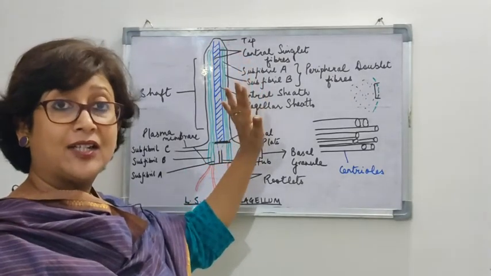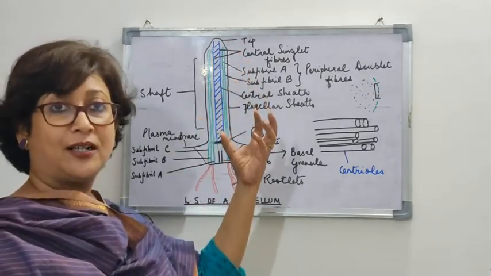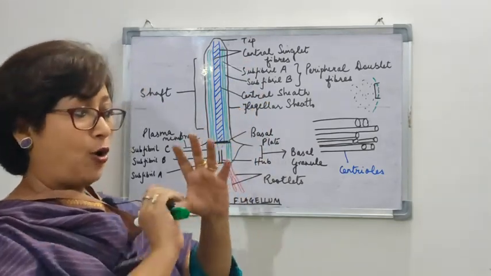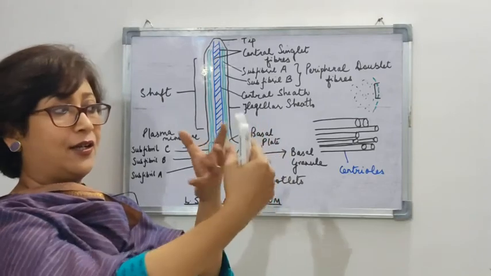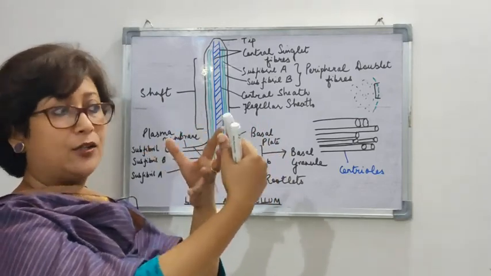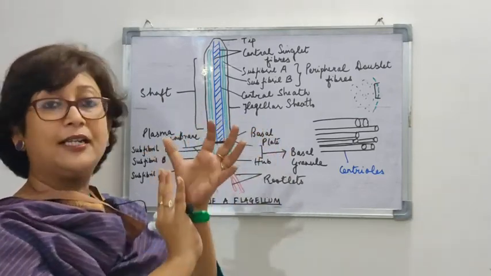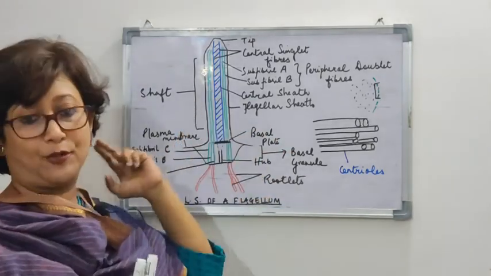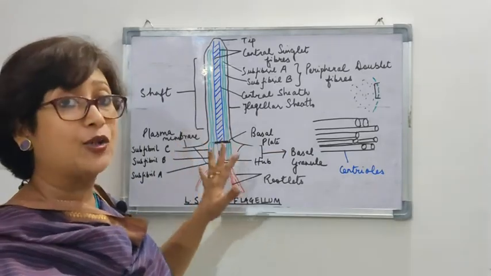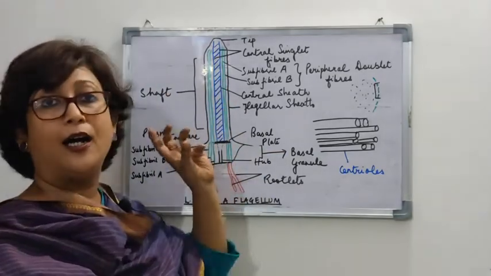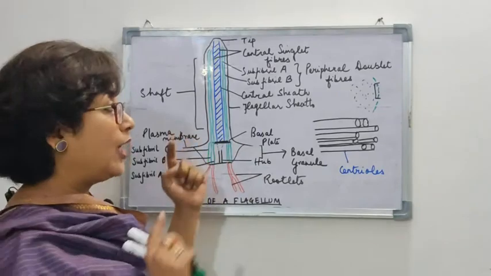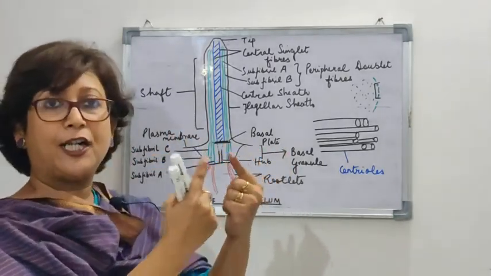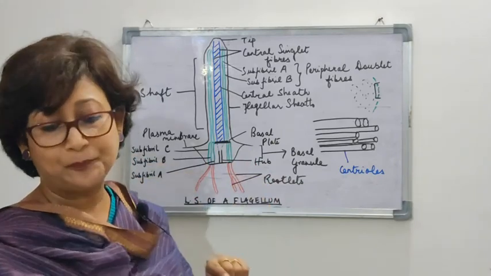Like this, there are 9 sets, all towards the side. This is doublet 1, 2, 3, 4, 5, similarly 9. All doublets are made up of 2 fibrils. So that is the axoneme with a semi-fluid matrix. Towards the periphery side, 9 peripheral doublet fibrils.